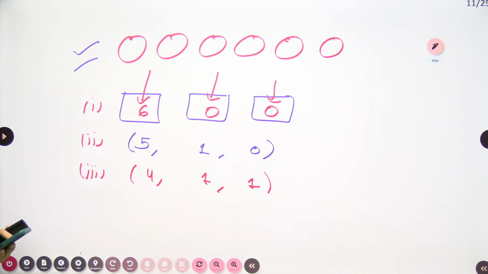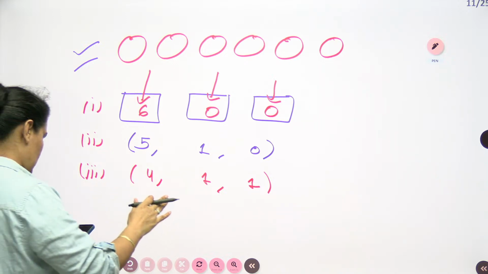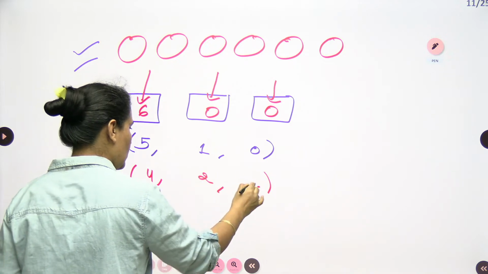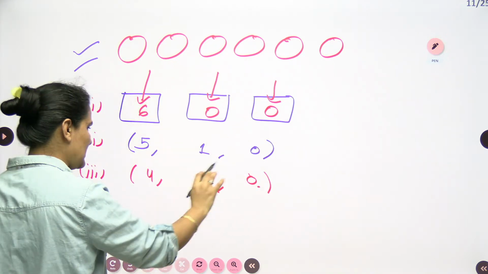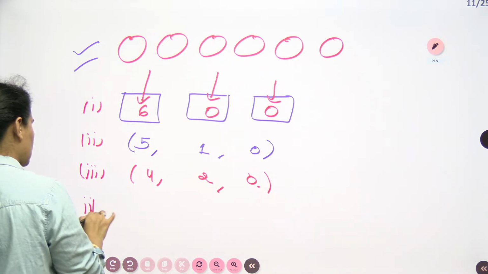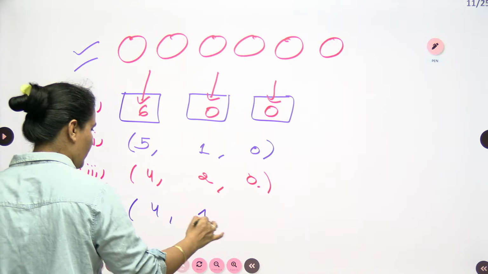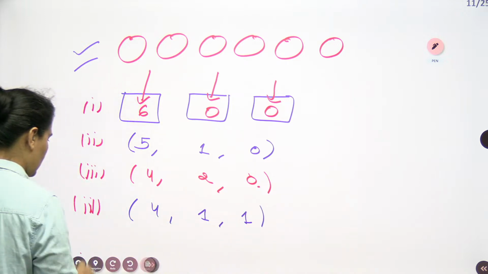So in this manner we can go with a simple arrangement. 5 1 0 is possible. If you want, you can put 0 also, 5 2 0... sorry, 4 2 0 is also possible here. And 4 1 1 is also possible.